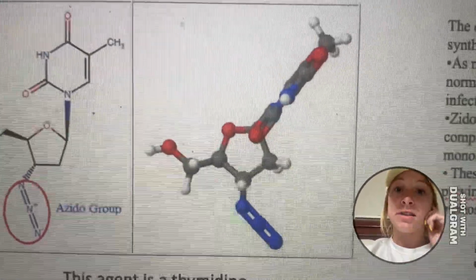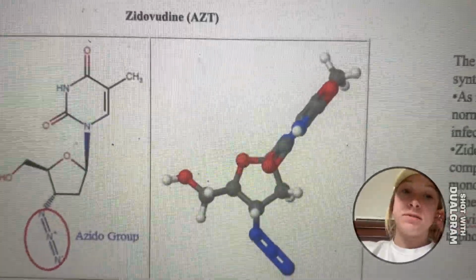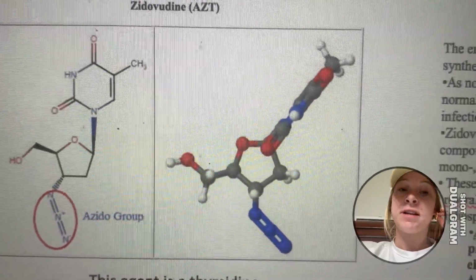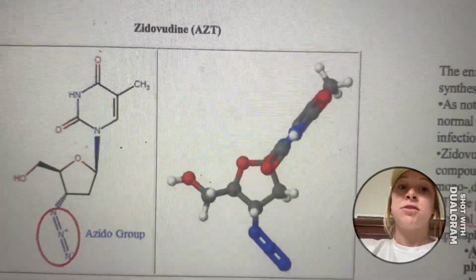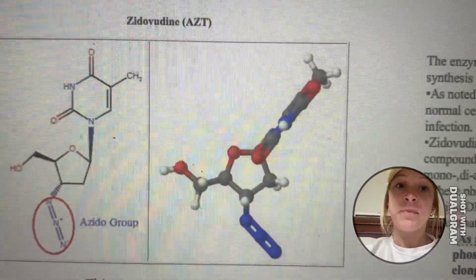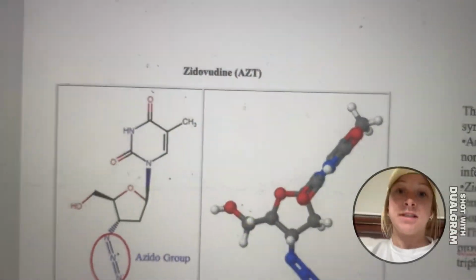As a consequence, normal cellular 5' to 3' phosphodiester bonding is prevented and DNA chain elongation is terminated as a result of the azido group, which is right here on the AZT. This process results in preventing new HIV virion synthesis.